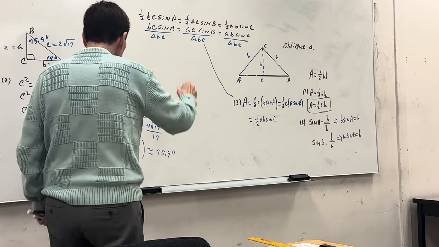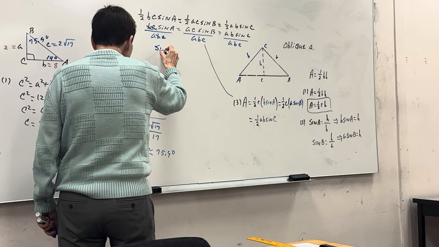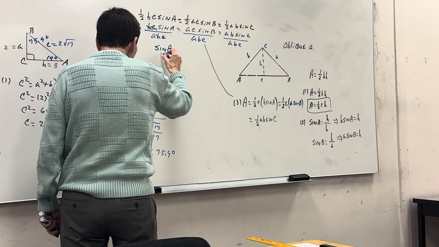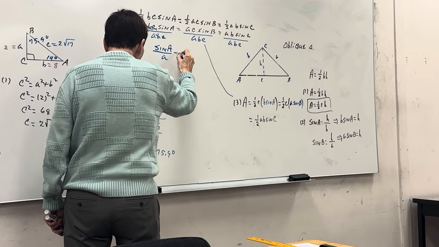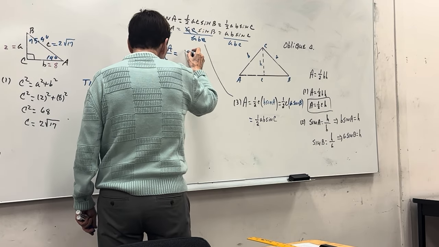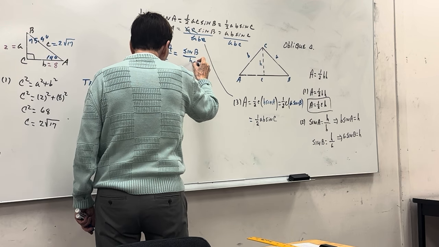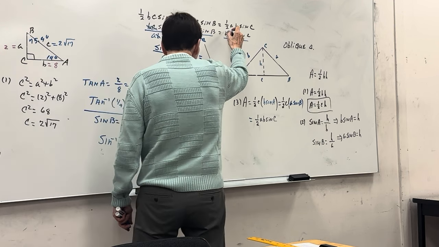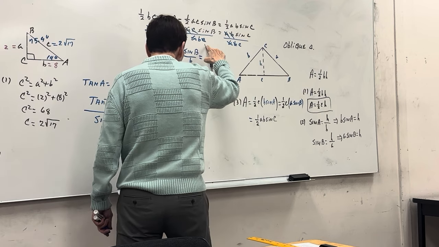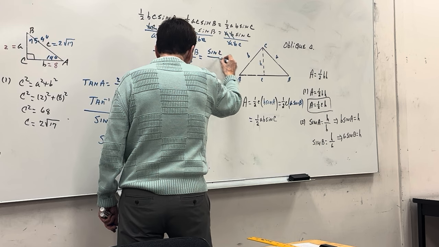If I clean up the first one, guys, B's cancel, C's cancel. I'm left with sine A over lowercase a. This one, A's cancel, C's cancel. I'm left with sine B over lowercase b. Cancel, cancel. I'm left with sine C over lowercase c.